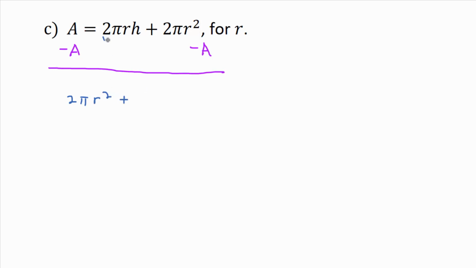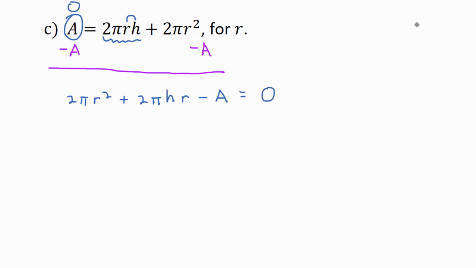I'm going to rewrite this one, though, to put it in more familiar terms. I'm going to switch the multiplication around, so 2 pi h times r, and you'll see why I did that in a second. And then the minus A on the end, and I'm going to put the 0 on the right. Remember, we subtracted A from both sides, so there's a 0 left over.